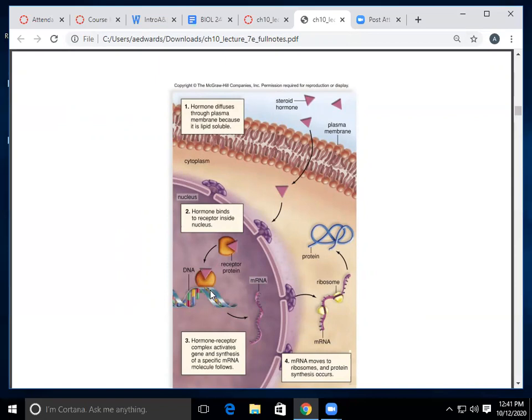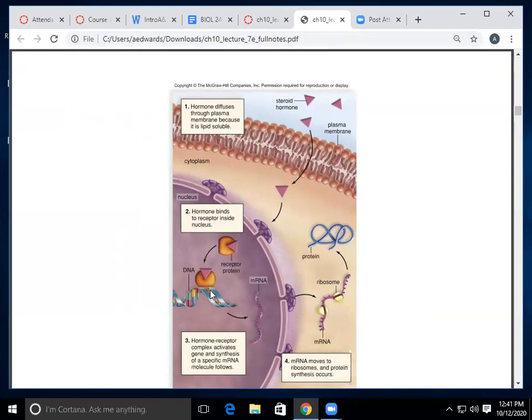And what do you know? What is DNA used to make? You've got to remember. Messenger RNA, right? Transcription. So you're activating this gene to make that particular mRNA.